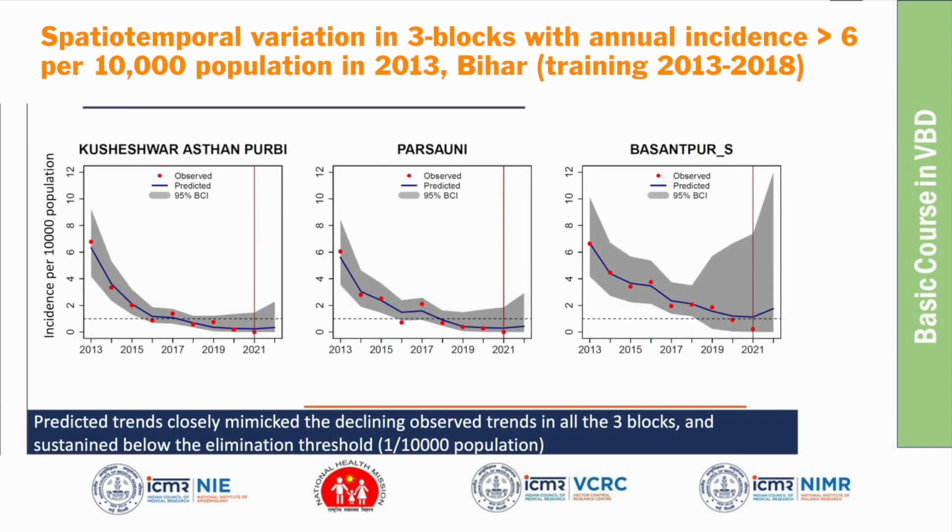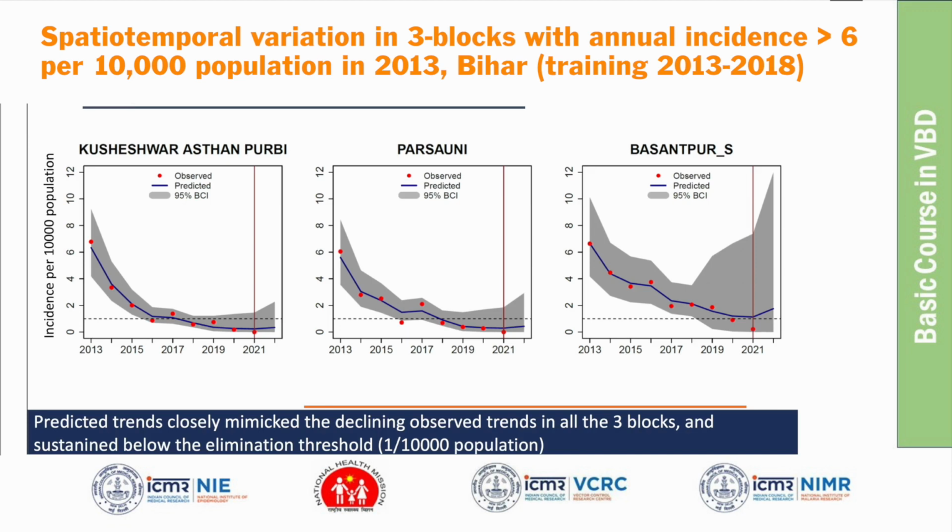Then we look into the spatial temporal variation in 3 blocks with an annual incidence of 6 per 10,000 population in 2013 in Bihar. This graph clearly shows a declining trend in the case incidence from 2013 to 2022. But if you see the confidence interval, it shows that it may be higher than 1.